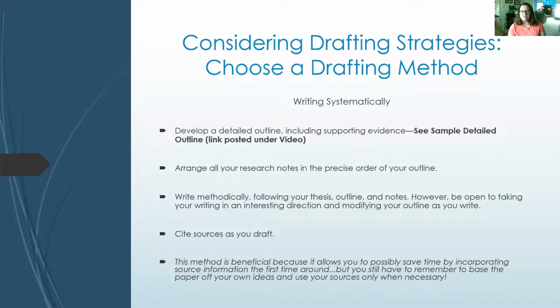Sometimes I can write freely and then figure out where to include the source material. I always have an outline, though. Most of the time, they're pretty detailed outlines, like the one we're about to take a look at. Even if I write freely, sometimes my outlines can be pretty detailed. That's just me. So for a more detailed sample outline, let's take a look here.